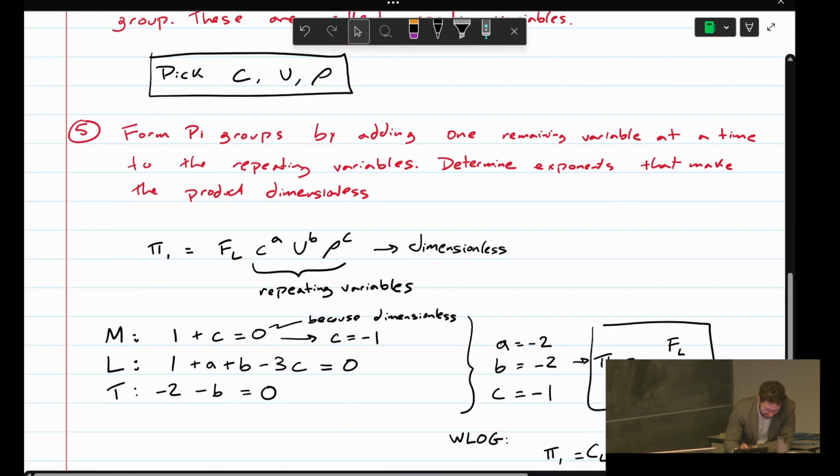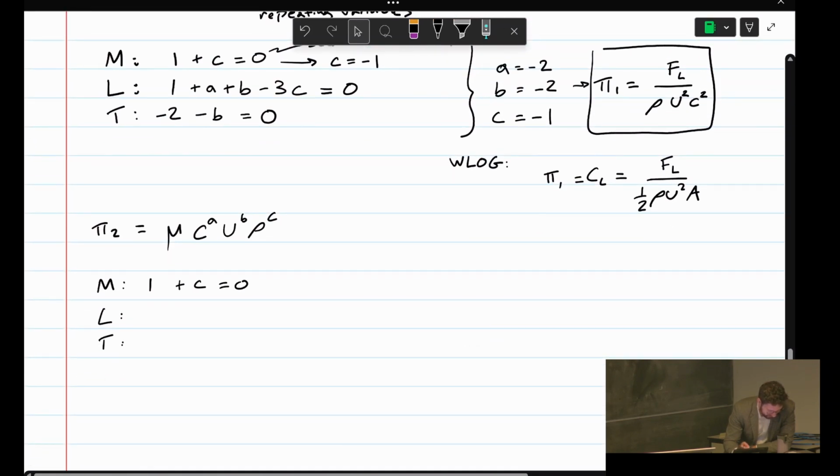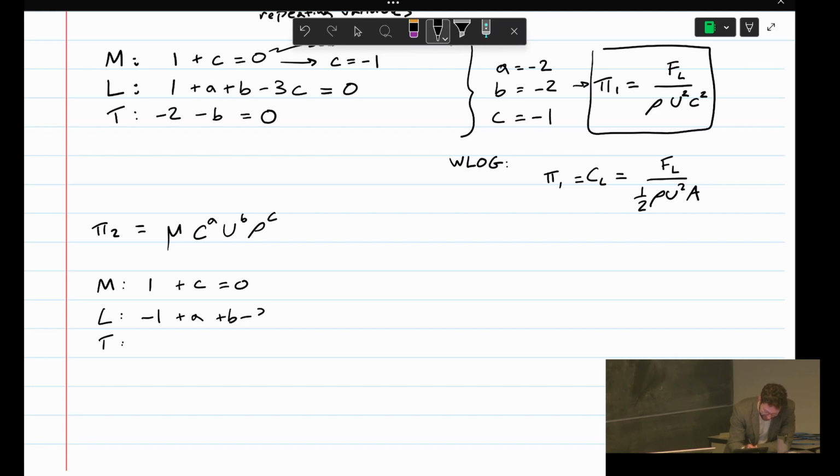Mu has units of length to the negative 1. So that would be minus 1 plus a plus b minus 3c equals 0. So again, this part didn't change, right? The plus c is the same. Now, since mu has units of length to the negative 1, this negative 1 changed.